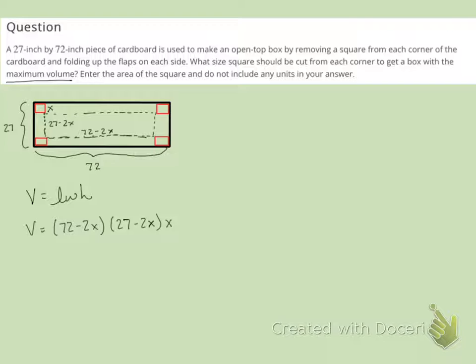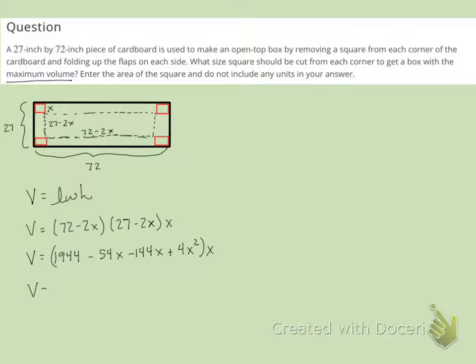So I'm going to have to take the derivative and solve for x. I think the easiest way to do this would be to multiply all of this out and use the power rule. So if we FOIL all this out, 72 times 27 is 1944. And then I have minus 54x minus 144x plus 4x squared, all of this times x.